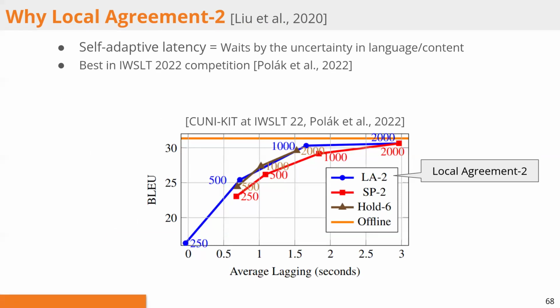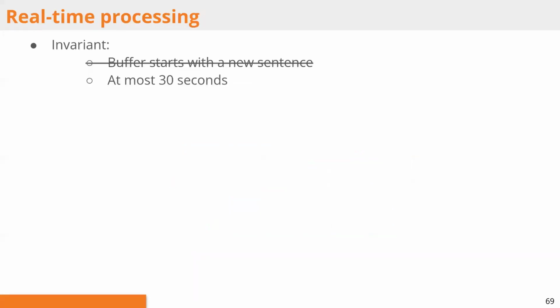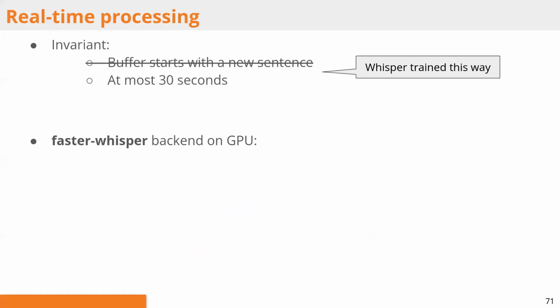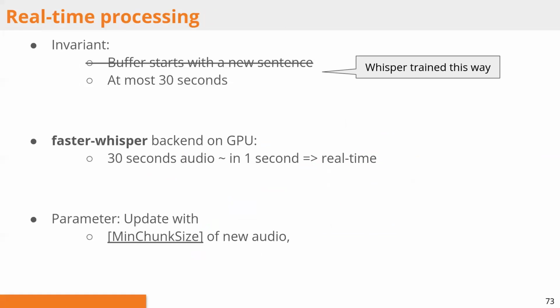So it's a very effective tool. And the way we make real-time processing possible is that there is a fast implementation of Whisper, which on GPU decodes 30 seconds of audio in almost 1 second. So in this way, we are able to catch up with real time.